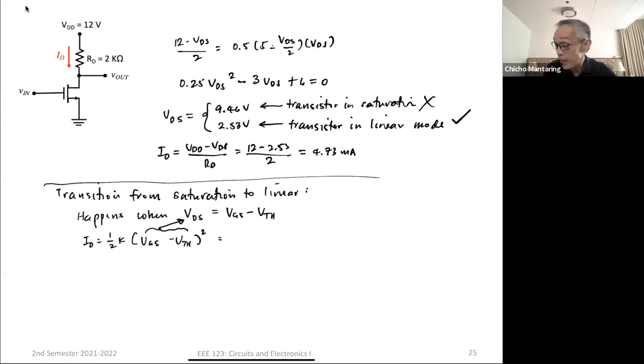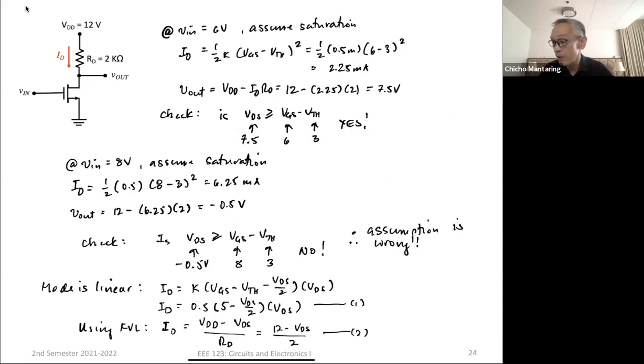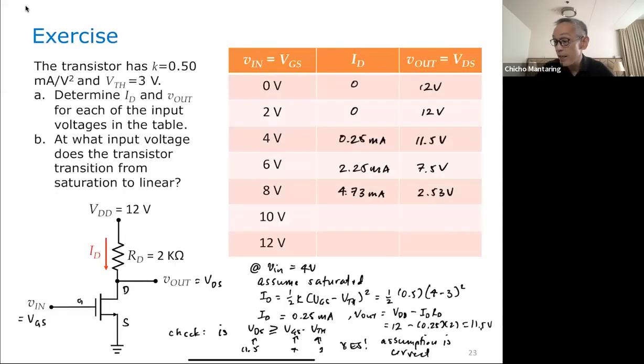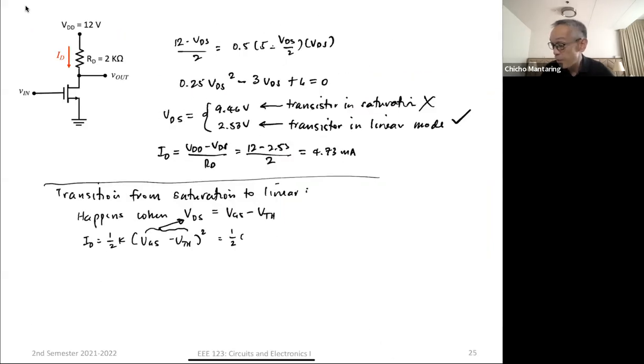So this is now equal to 1/2 times K. What is K? K is 0.5 milliamperes per volt squared, so we have 1/2 times 0.5 m times VDS squared, or 0.25 VDS squared. That's ID.